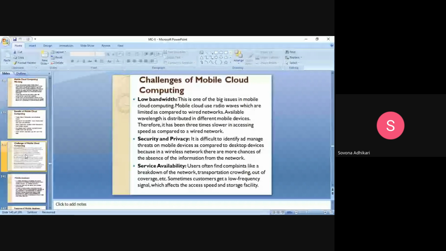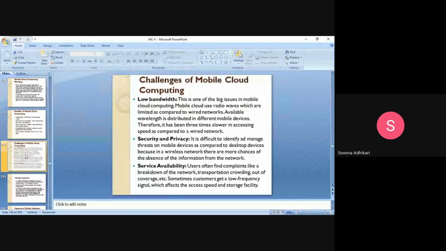Service availability. Users often complain about things like a breakdown of the network, transportation crowding, and being out of coverage. These are service availability problems.